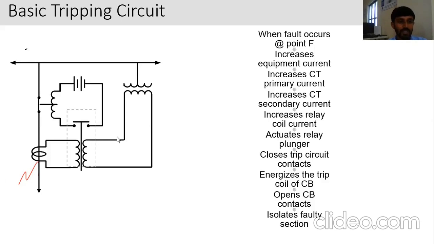Then the current from the battery is passing through the whole path, through this path and through this path. So here the magnetizing effect is there, and this plunger is attracted in this direction. If the plunger is attracted in this direction, there will be an open circuit. Sorry, the coil is energized by the battery's current.